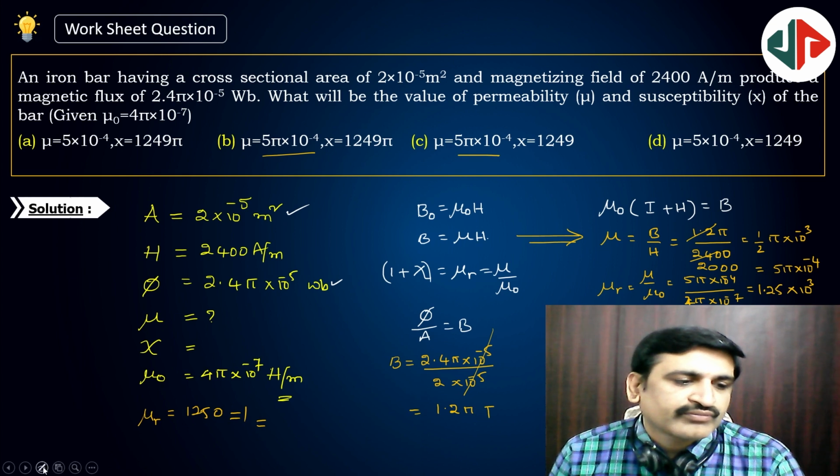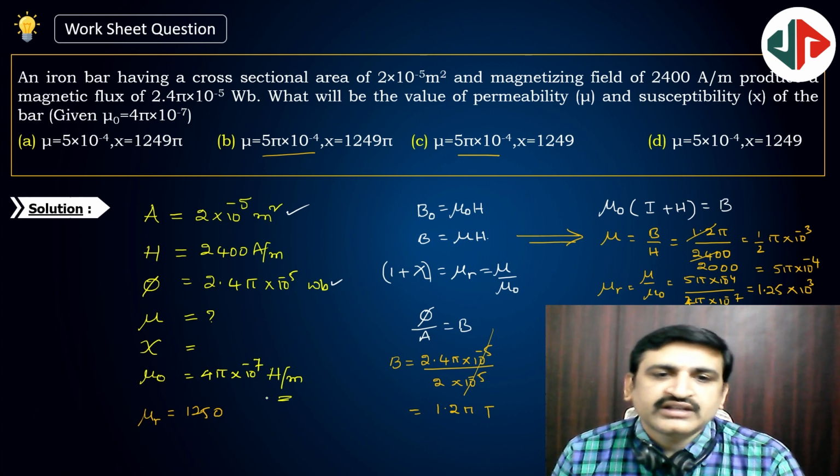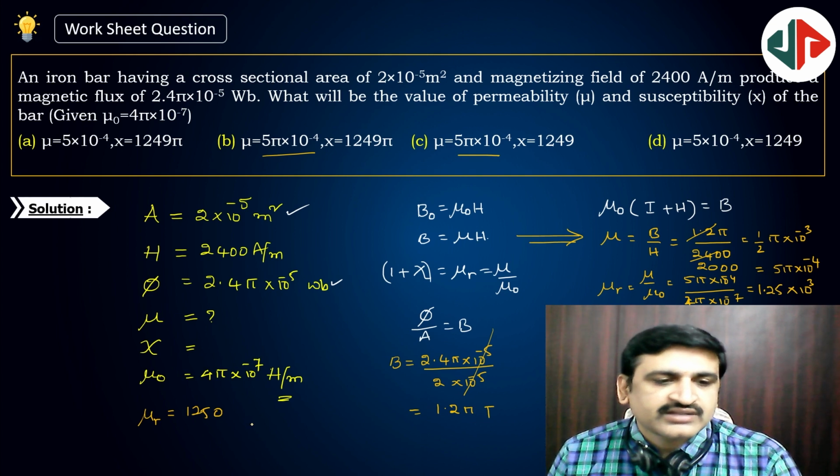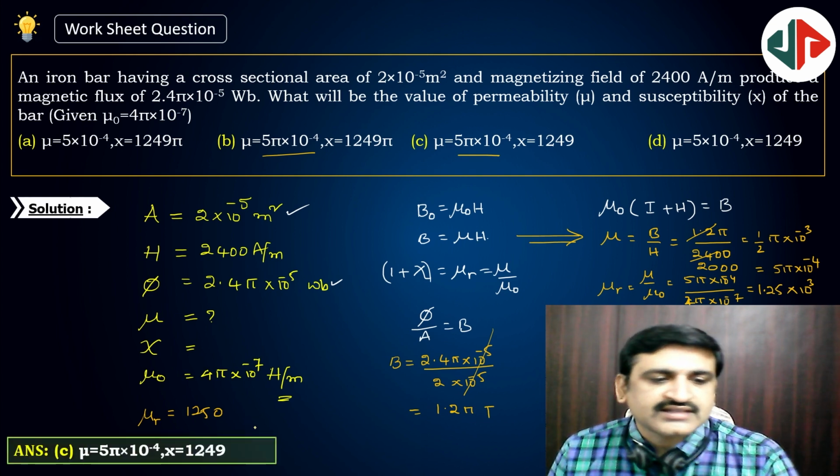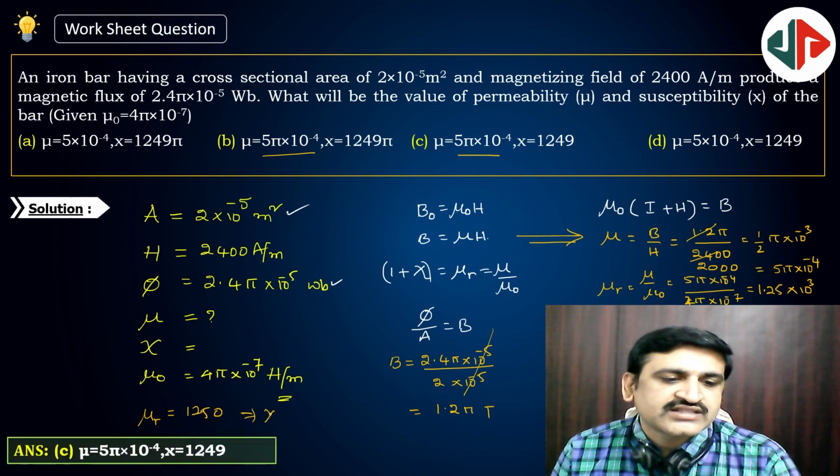So I put up to mu r, then you can go for chi. Chi is equal to 1249. Yes, option C is the answer. Chi is equal to mu r minus 1, so that is equal to 1249.